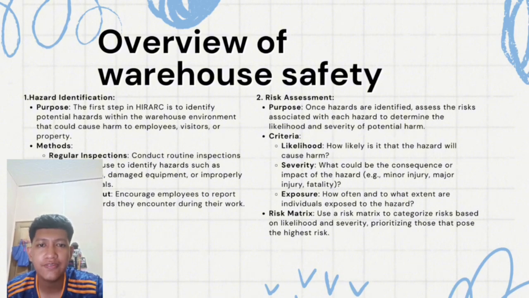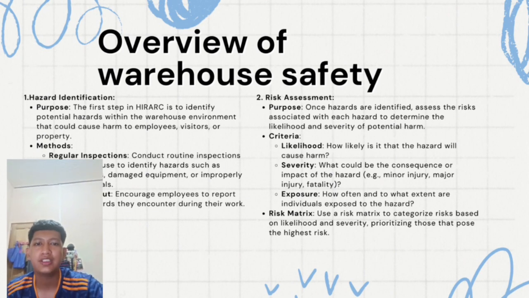First, hazard identification. Purpose: the first step in the hierarchy is to identify potential hazards within the warehouse environment that could cause harm to employees, visitors or property. Method: regular inspection.